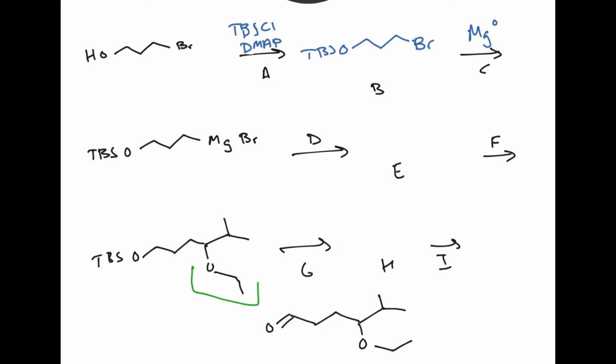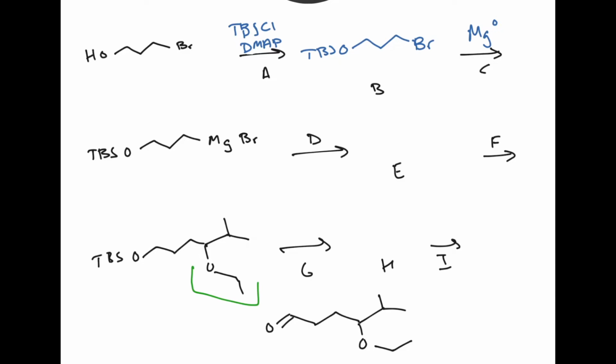Well, we know that if we add a Grignard reagent to something, we often make an alcohol, right? So it makes sense that we want to use a Williamson ether synthesis, because we know we can get to that alcohol starting material by adding a Grignard reagent to an aldehyde or a ketone. Does my logic make sense?